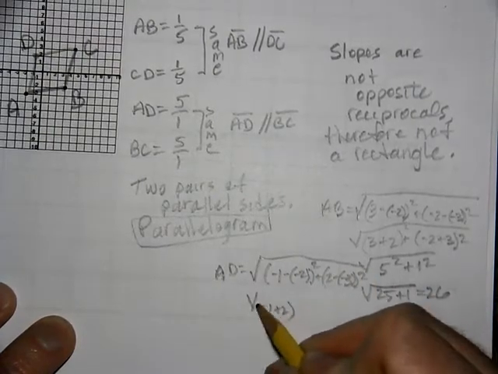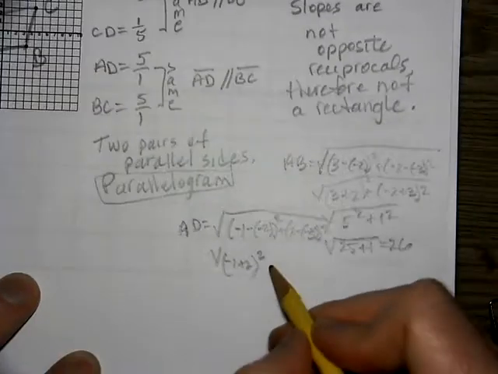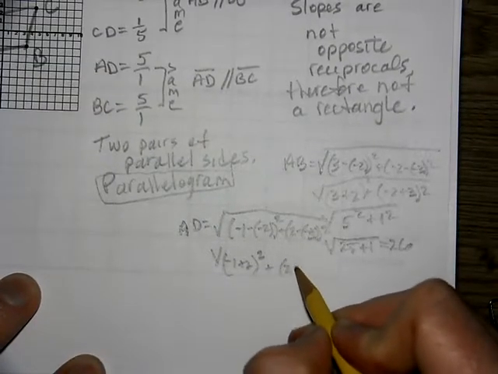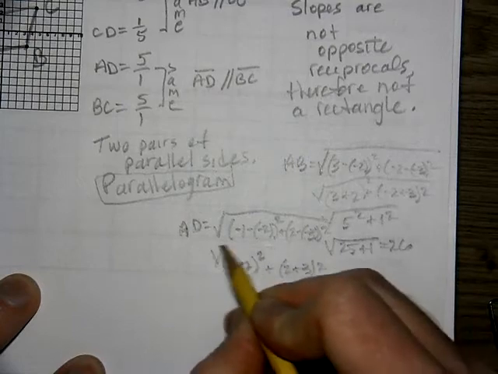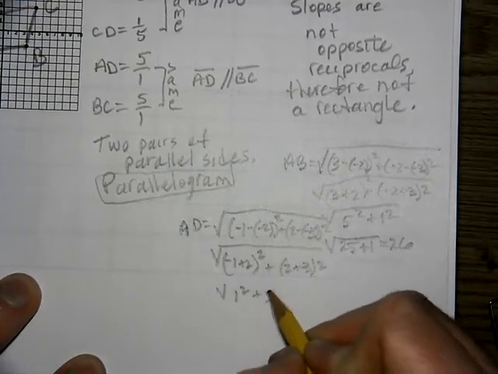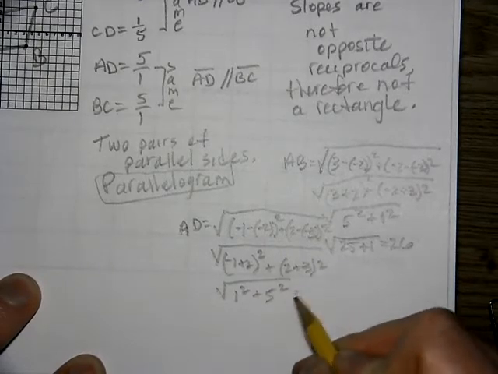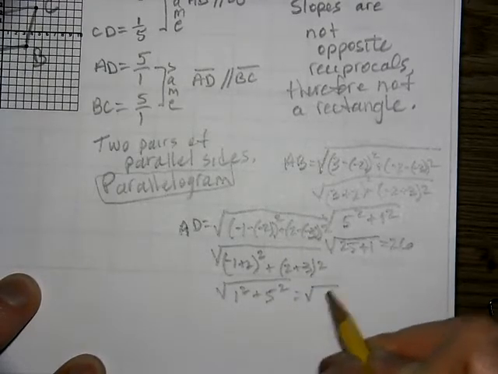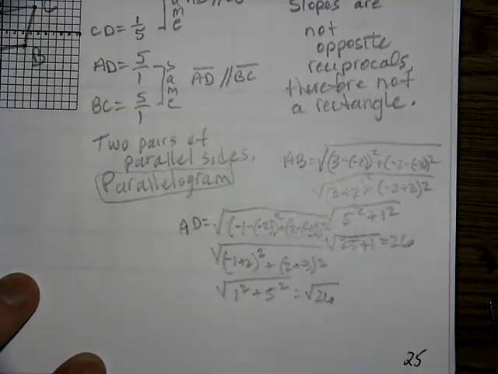Negative 1 plus 2, 2 plus 3. 1 squared and 5 squared leaves you the square root of 26.